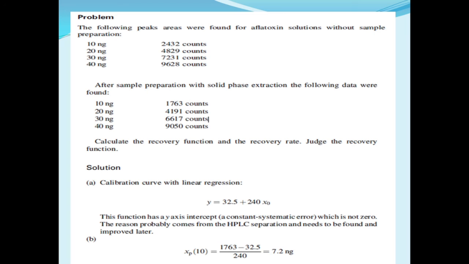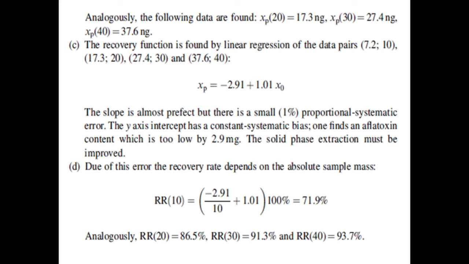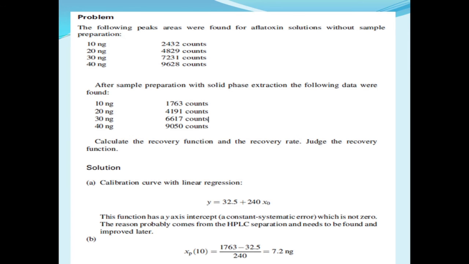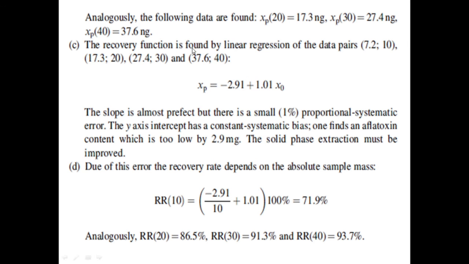Xp is the mass or concentration of the reference analyte with respect to the given parameter. The data Xp are plotted against the respective masses or concentrations x0 and the recovery function is calculated. Xp is equal to minus 2.91 plus 1.01 x0.